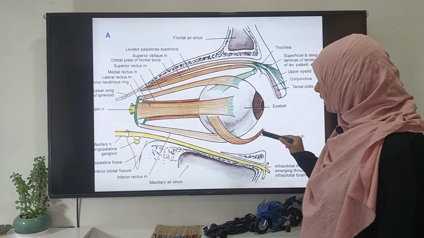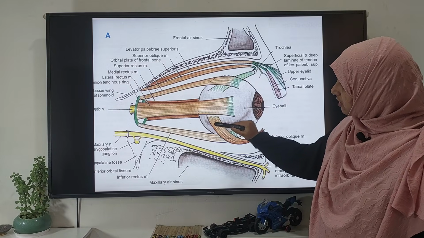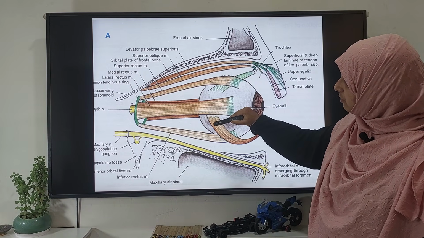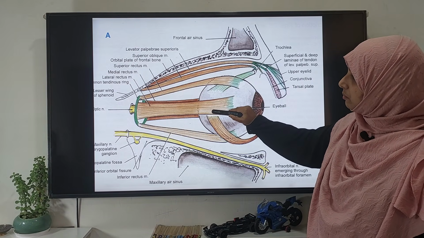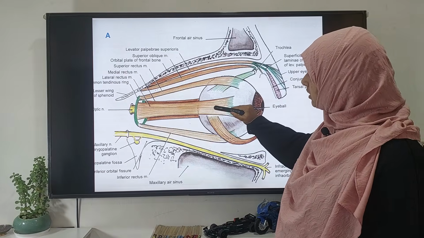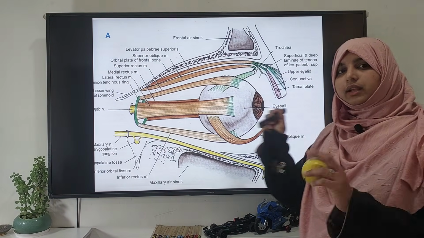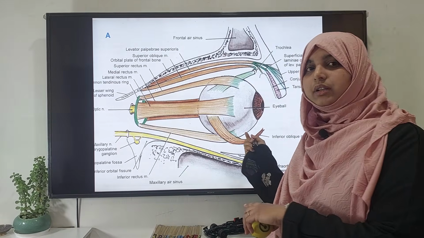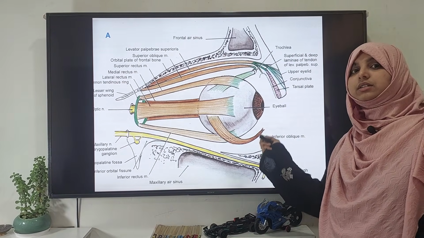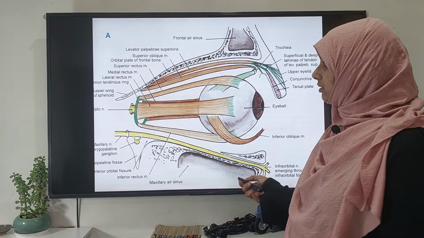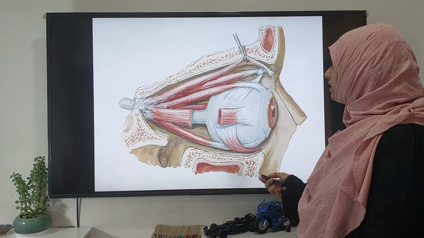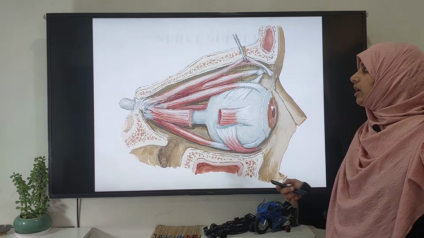And the inferior oblique goes to the undersurface of the eyeball, again inserting below the lateral rectus muscle. Now if you see, all the recti were inserting in front of the equator, but these oblique muscles are inserting behind the equator. Okay, so this is regarding the origin and insertion of all these muscles.